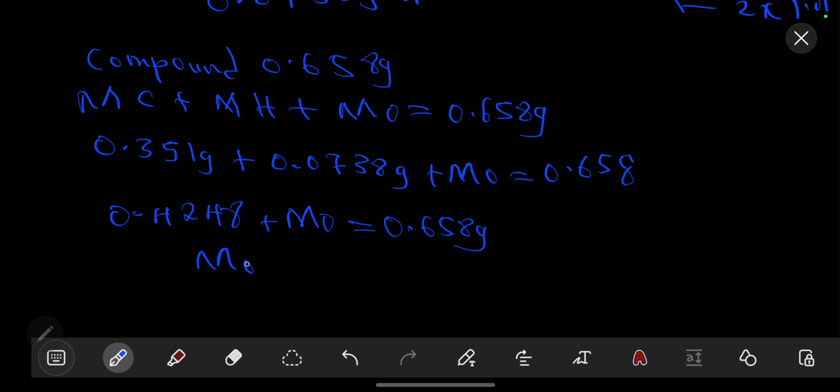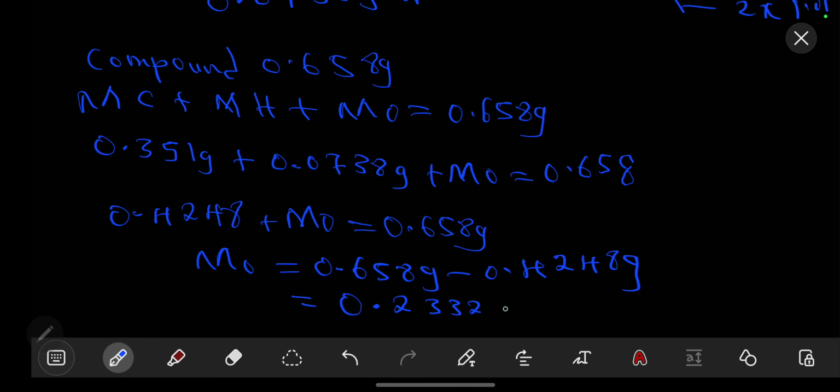Collecting the like terms, the mass of oxygen should be equal to 0.658 grams minus 0.4248. When we subtract these, we get a value such as 0.2332 grams.